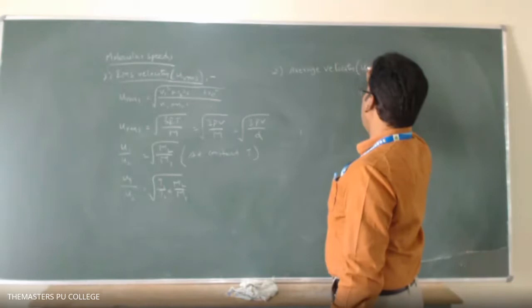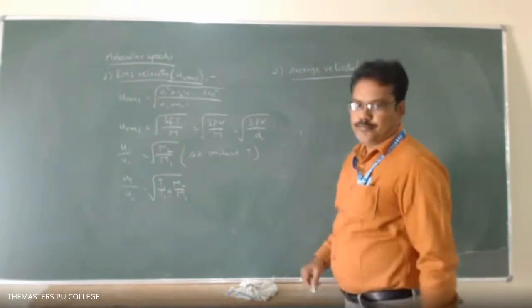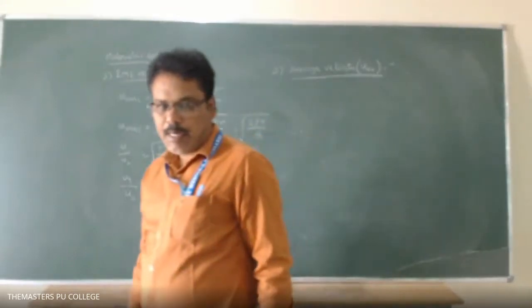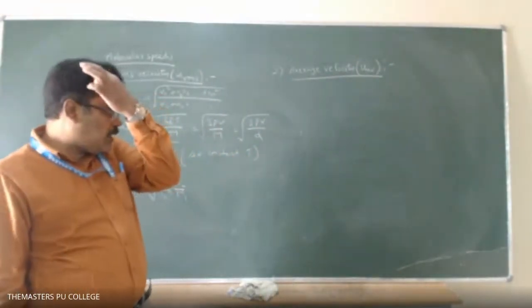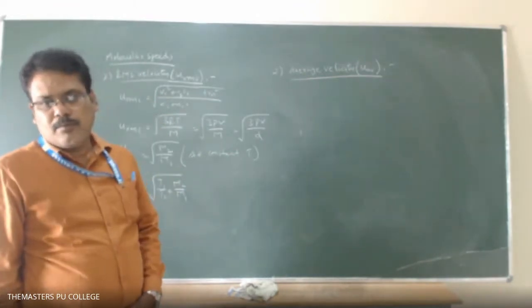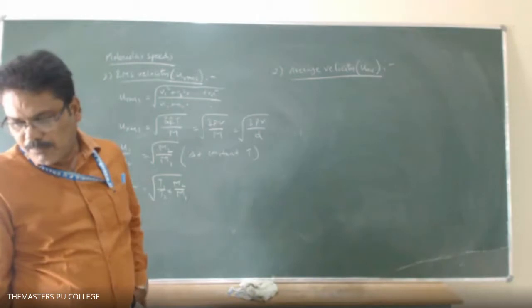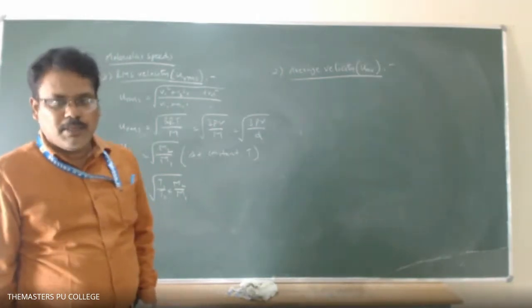And the second one is average velocity. Write down that definition. Average velocity, the mean of velocities, mean means arithmetic mean.